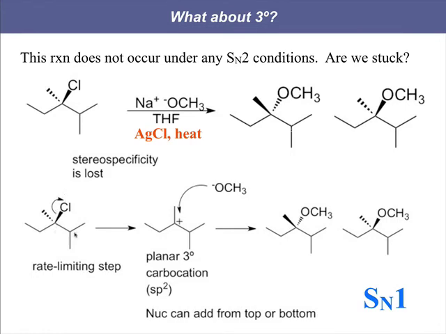So this molecule just sits there. The nucleophile can't do anything about it, but eventually the chlorine will leave on its own. Why would the chlorine leave on its own? The reason a chlorine would leave on its own is because the resulting cation is tertiary. Remember that tertiary cations are very, very stable.